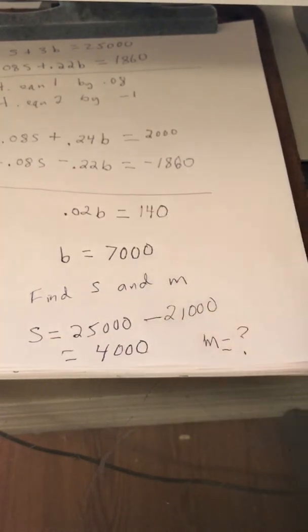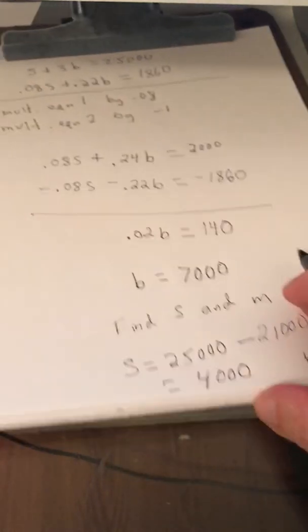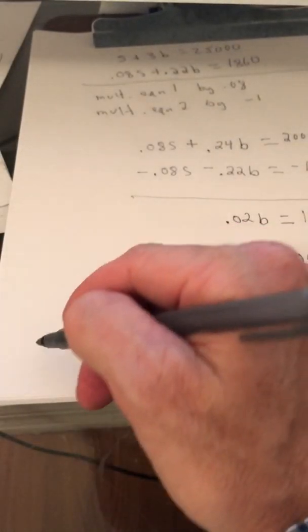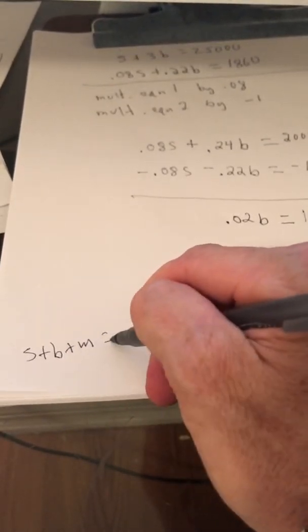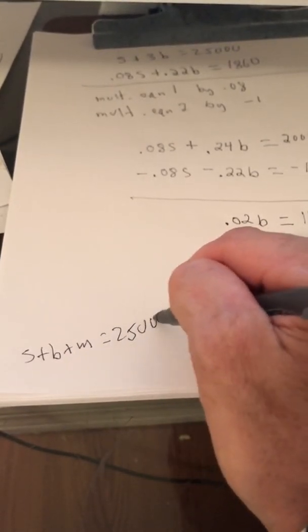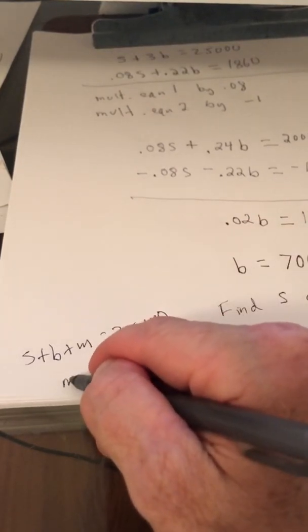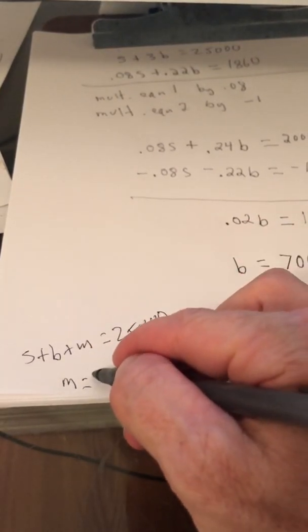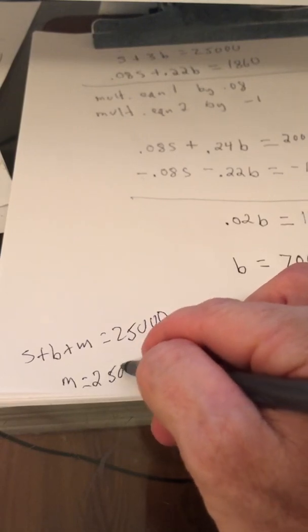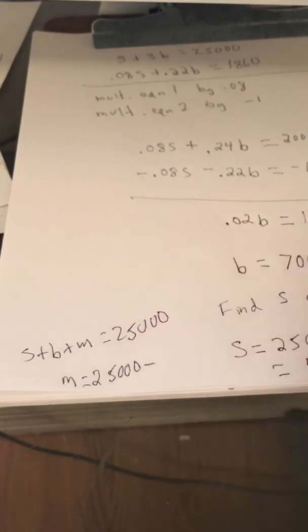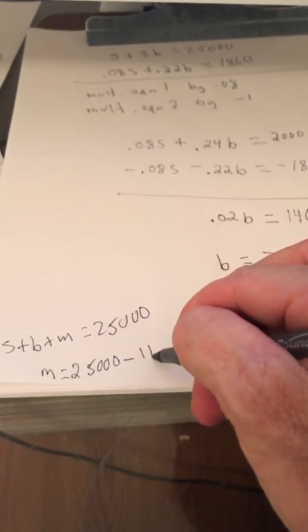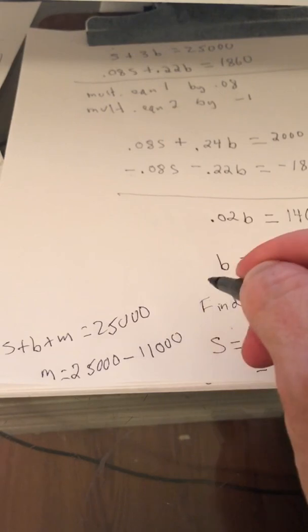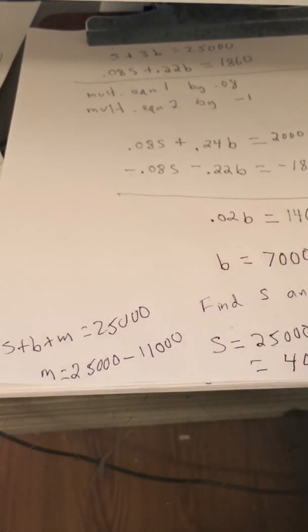That's a total of 11,000. So remember, S plus B plus M is equal to 25,000. So M is 25,000 minus 11,000, which gives you 14,000.